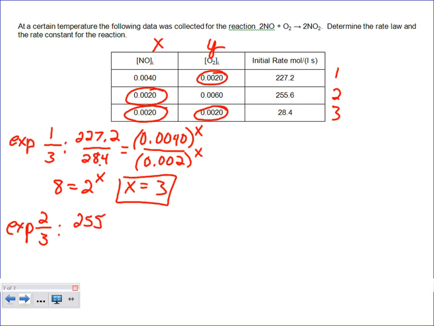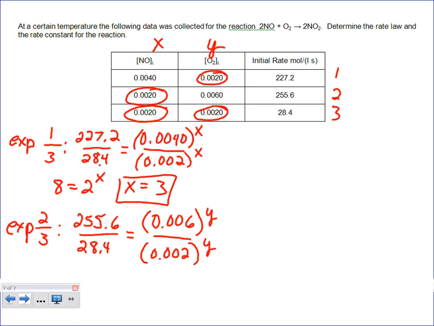And I get 255.6 divided by 28.4 is going to be equal to 0.06 raised to the y divided by 0.002 raised to the y. And we get, oops, I'm jumping the gun here. We get 9 equals 3 to the y. So y equals 2.